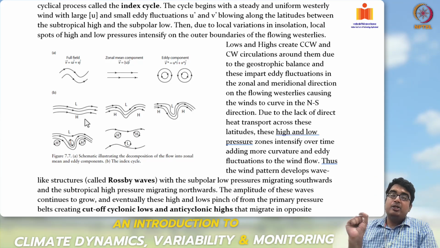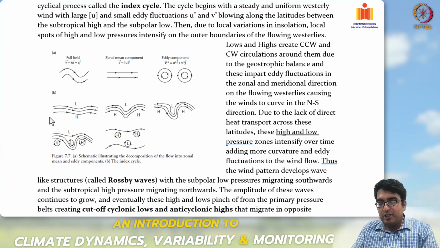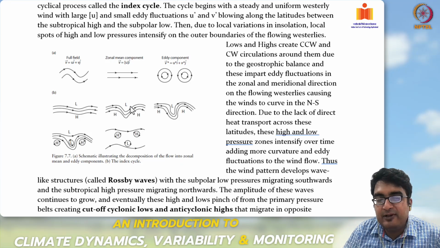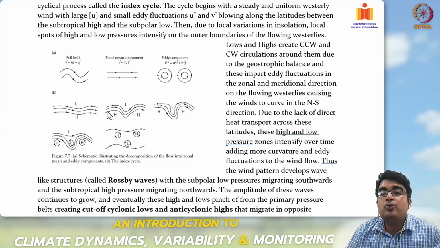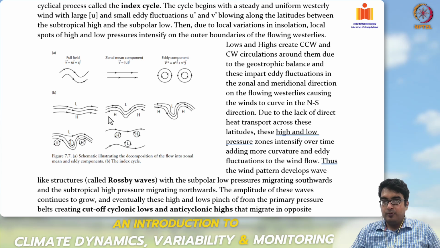So, you get geographical inhomogeneities in the magnitudes and the extent of this low pressure and the high pressure belt as you move along the globe. So, here we have a strong low pressure zone developing in the north and two strong high pressure zones developing on two sides of this low pressure zone in the subtropical high pressure region.